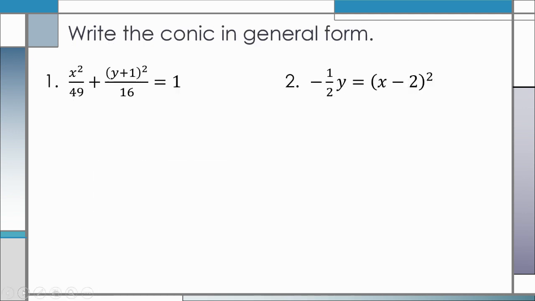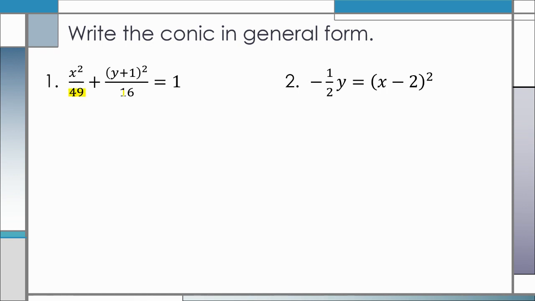Here, if I want to write the conic in general form, the first example we have is x squared over 49 plus the quantity y plus 1 squared all over 16 equaling 1. So as you can see, we are having it in standard form. This is technically an ellipse.